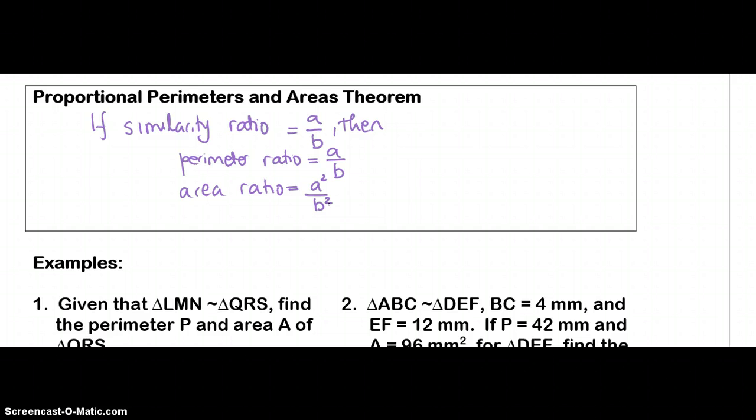So you've got to square both numbers. Okay. So if similarity ratio equals A over B, then perimeter ratio equals A over B also, and area ratio equals A squared over B squared.